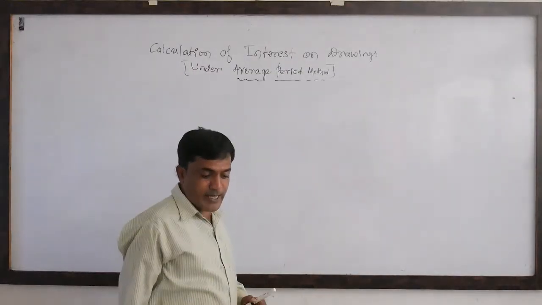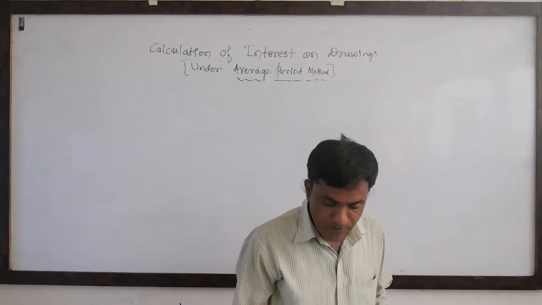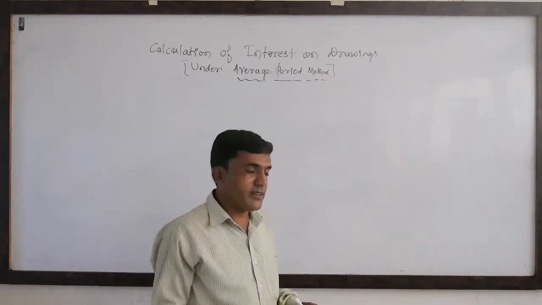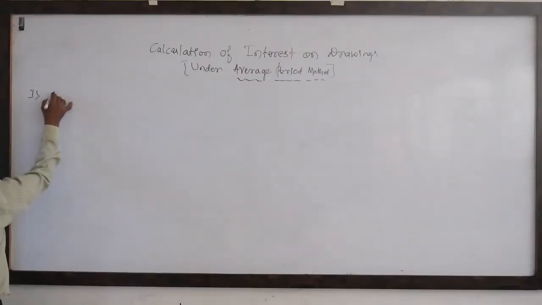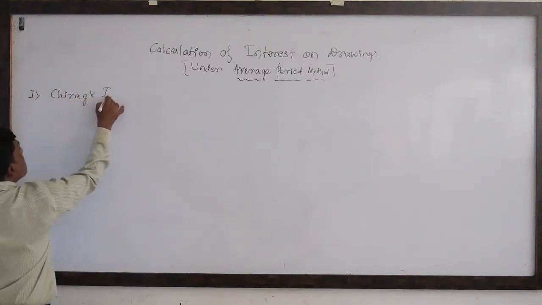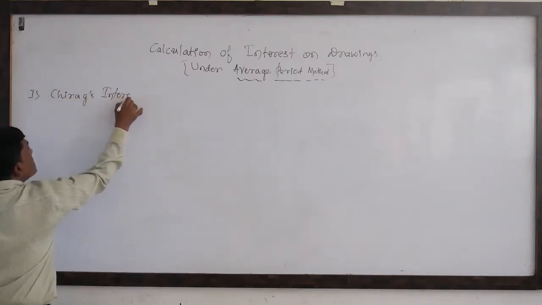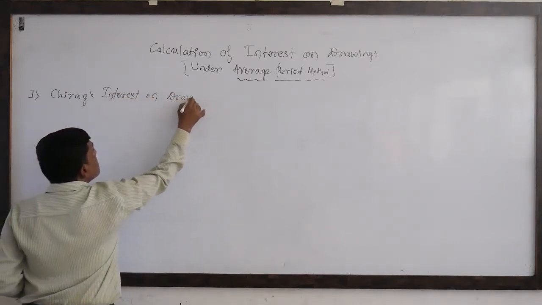The first partner, dear students, Chirag, has made rupees 2000 on 1st of every month. Look here, the first partner Chirag's interest on drawings.